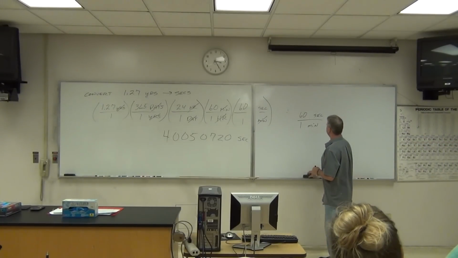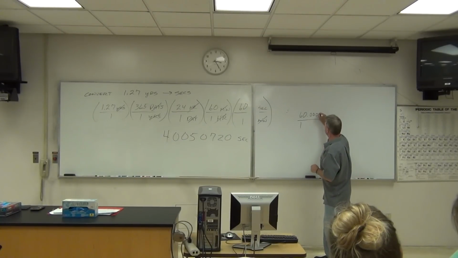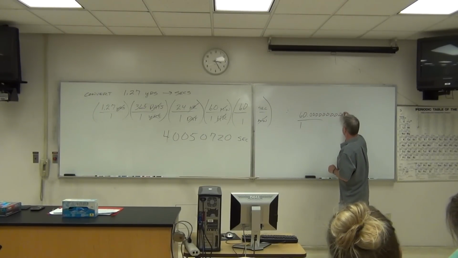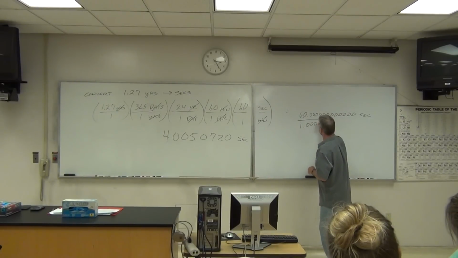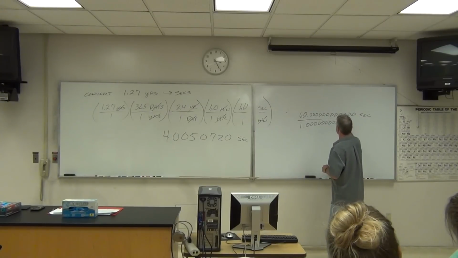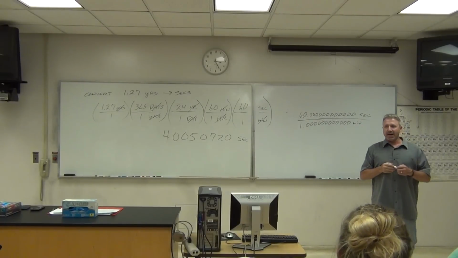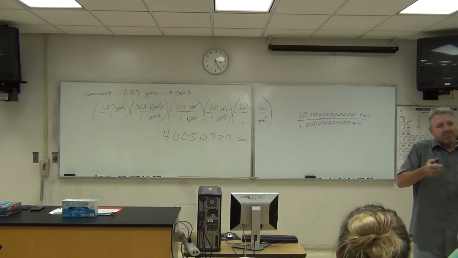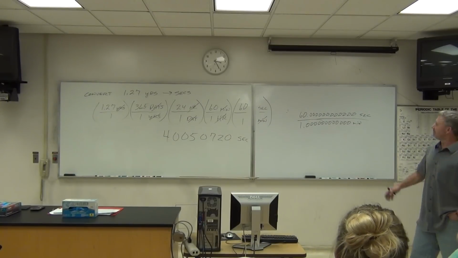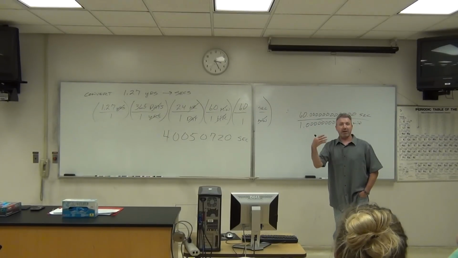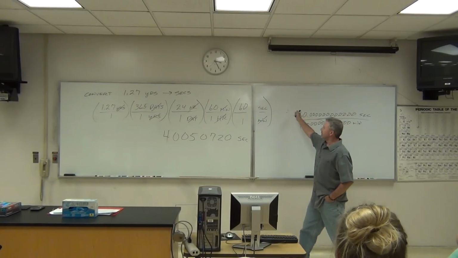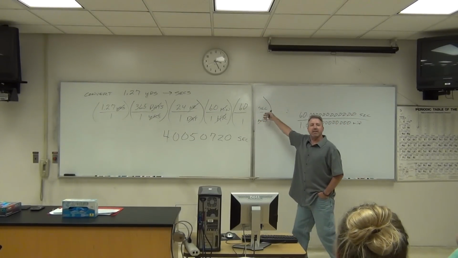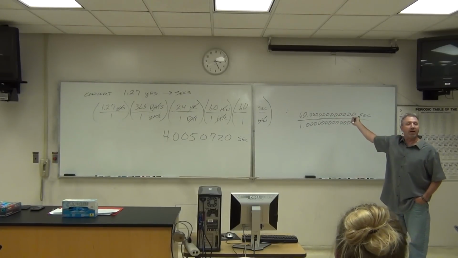Couldn't I say this is 60.000000000000 seconds in 1.000000000000 minutes? Couldn't I say that? Yeah, I can. Conversion factors, as a matter of convenience for their use, are simplified. We can take them out as many digits as we want.